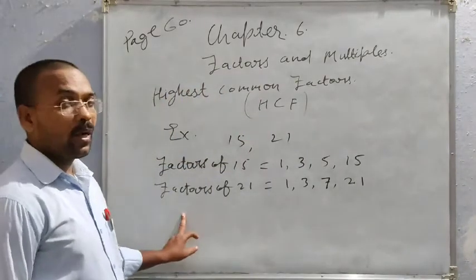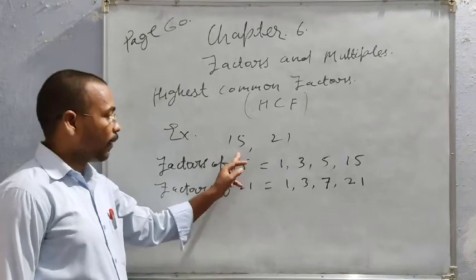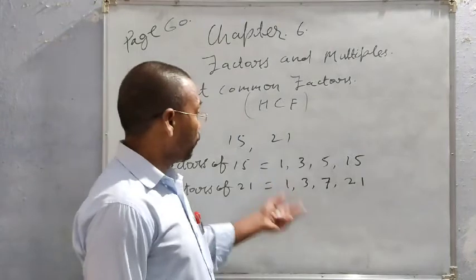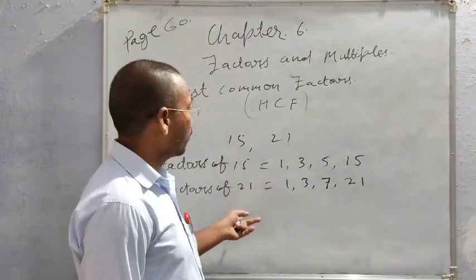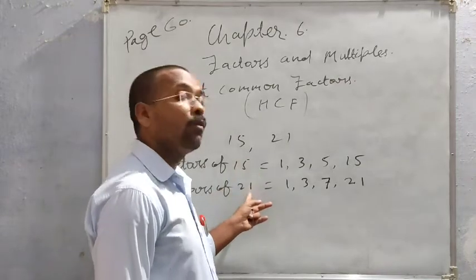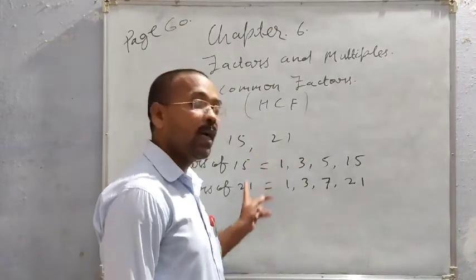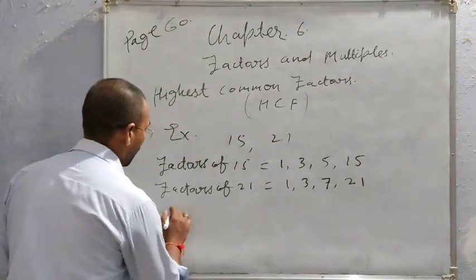Then suppose you want to write common factors of 15 and 21. Common factors of 15 and 21 are the factors which are factors of both 15 and 21. See which numbers are factors of 15 as well as 21.